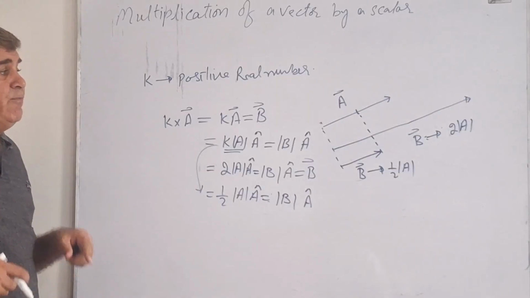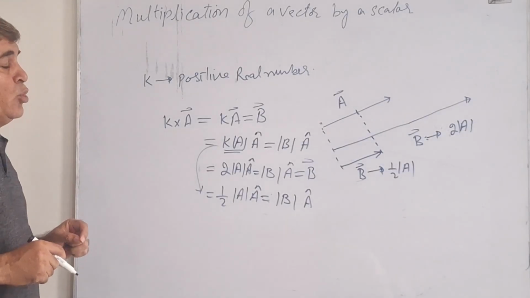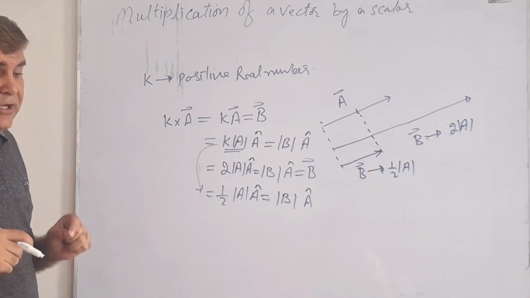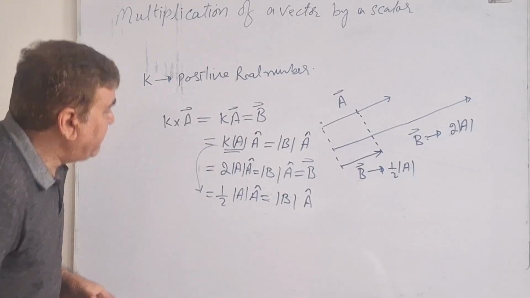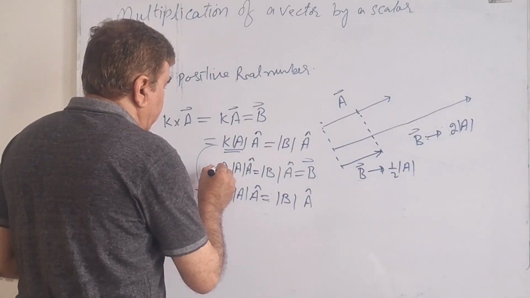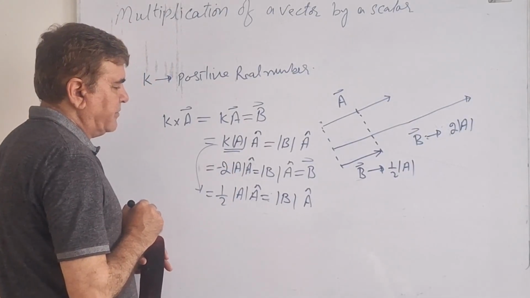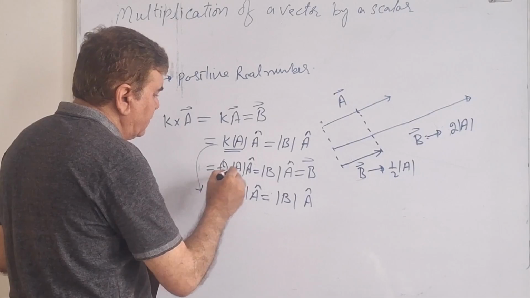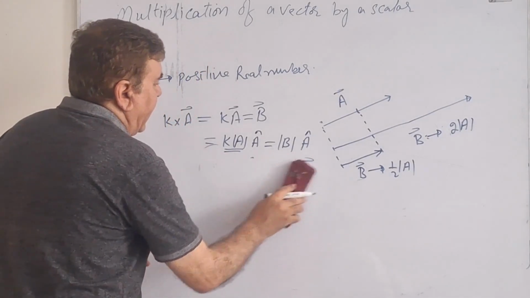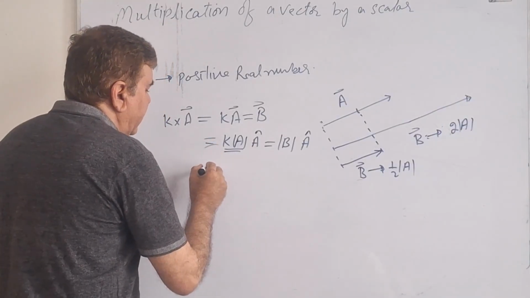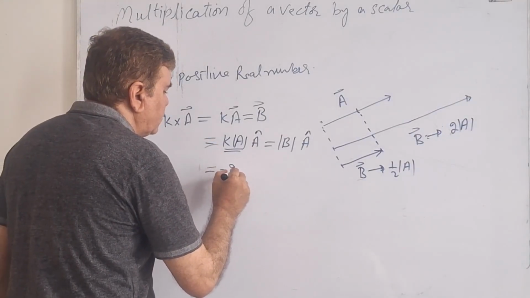On the other hand, if we multiply a vector with a negative real number, that is, instead of k being positive, if it is a negative number, right? Then let me write it again separately. Let k now be a negative number, and that negative number is minus 2.